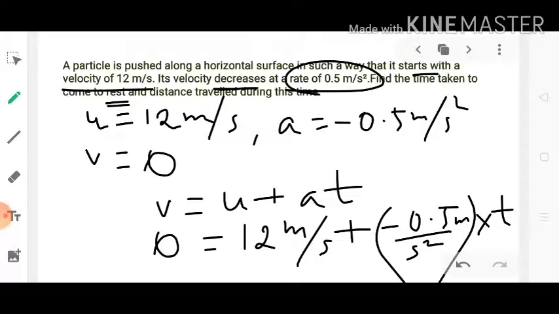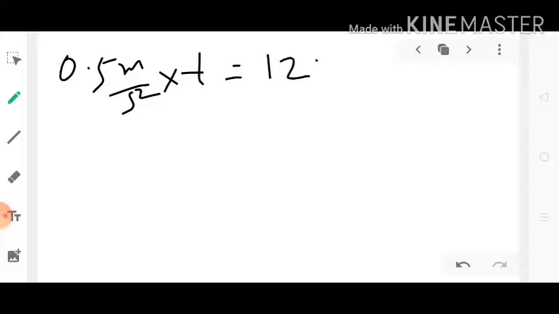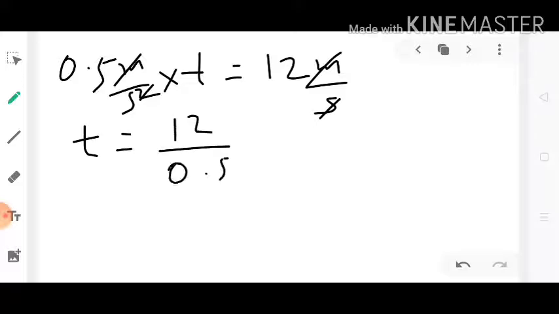Now, the term with negative sign, if you bring it to the other side, it becomes positive. So you get 0.5 meter per second square into t equal to 12 meter per second. Cancelling the units, you are left with 12 by 0.5, isn't it? So that gives you 24 seconds. So this is the time taken.